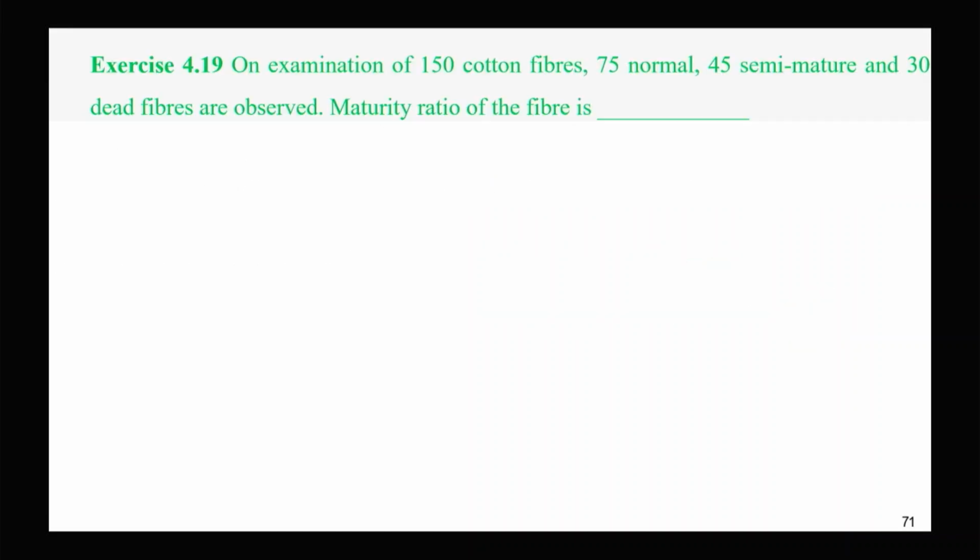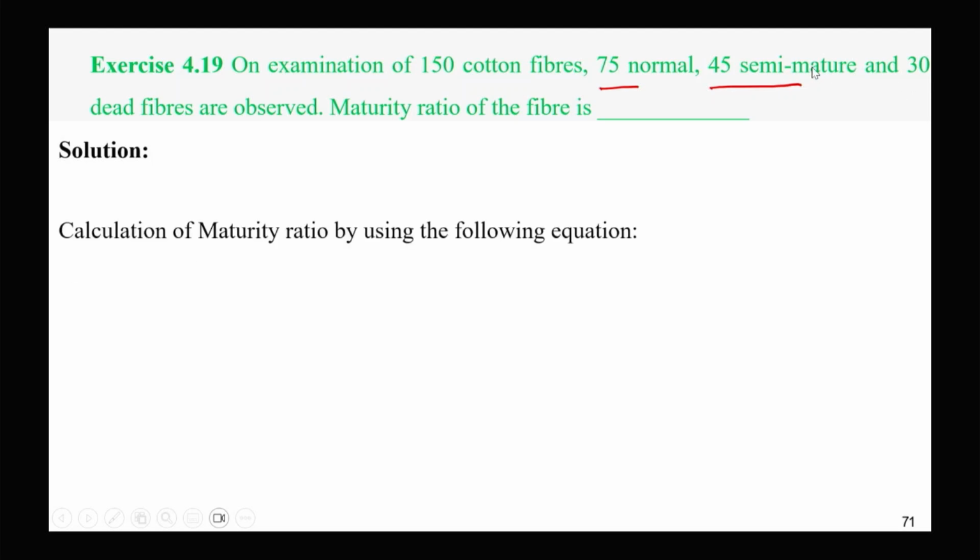Next, on examining 150 fibers, a similar problem: 75 normal fiber, 45 semi-mature and 30 dead fiber. The maturity ratio can be calculated using the same formula.